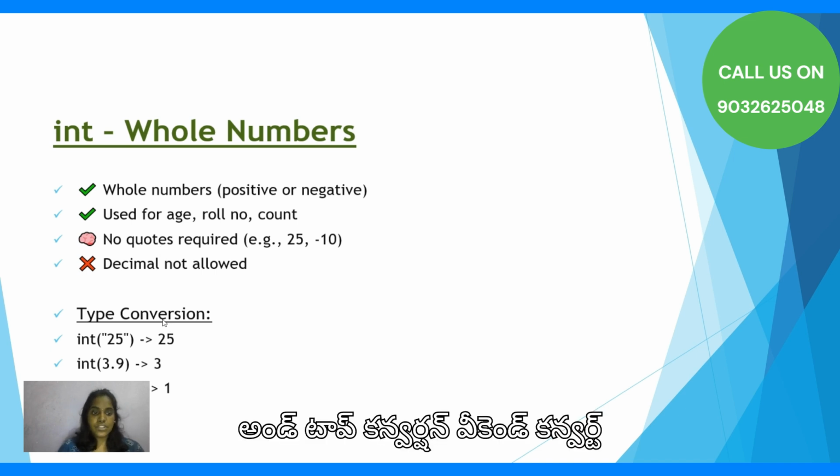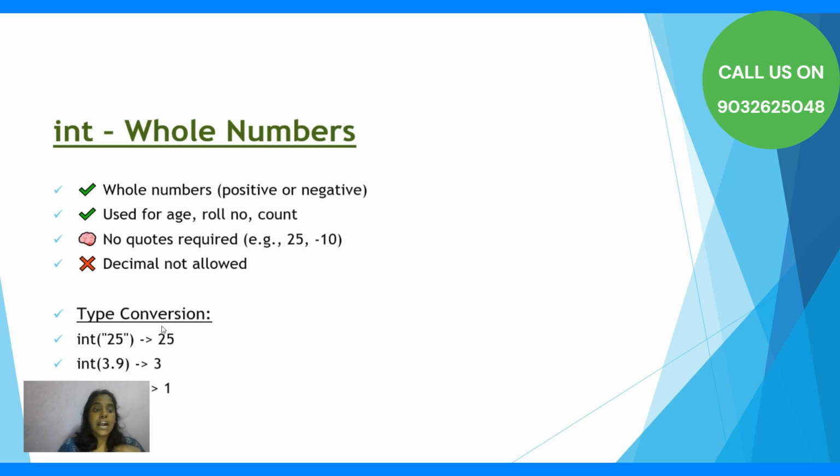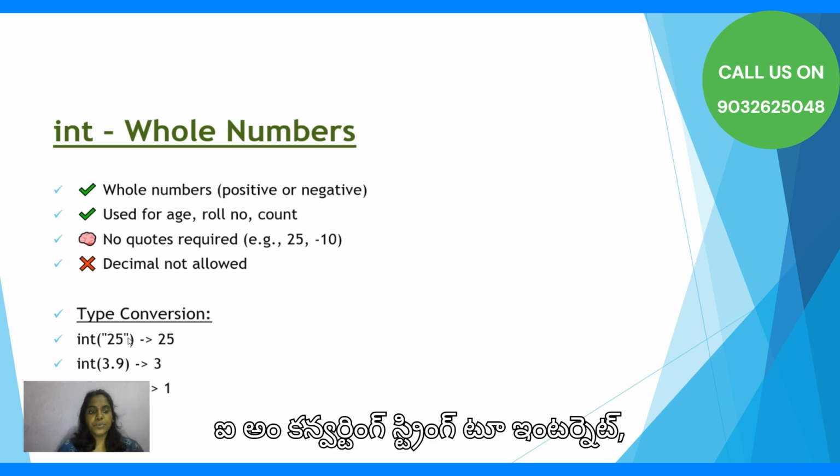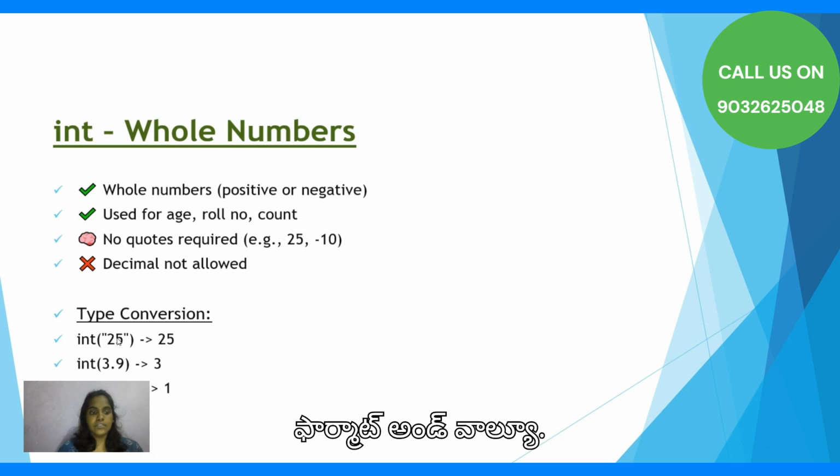And type conversion: we can convert other data types into integer format. See, here I am converting a string to integer format and the value given in the output is 25.